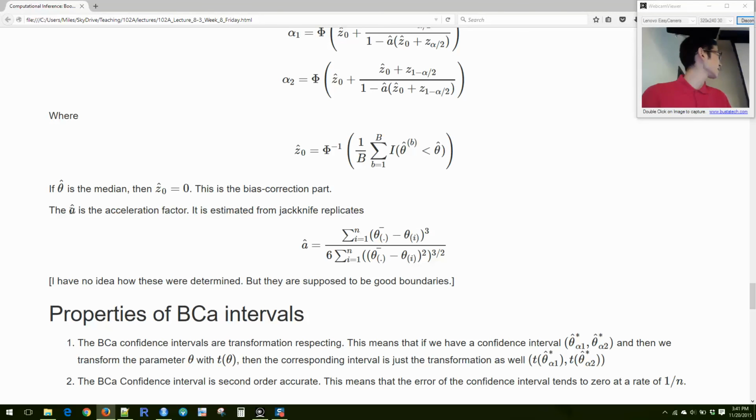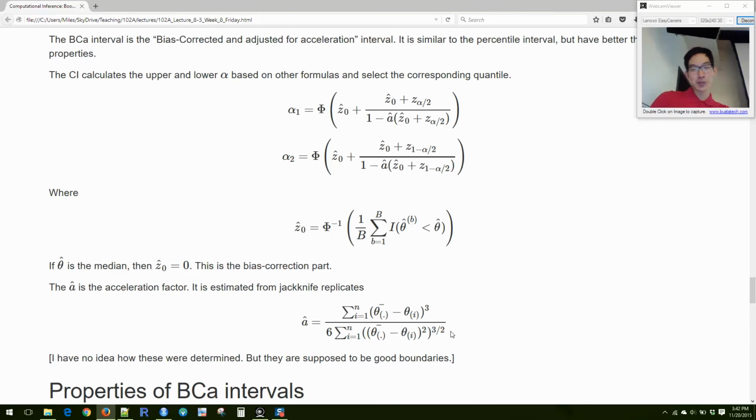A hat, this is not alpha, but A hat is an acceleration factor. And I am not sure how they came up with these exponents. We're taking the difference between the mean jackknife and each jackknife estimate, and we're raising it to the third power, and then on the denominator we're doing something else to it.